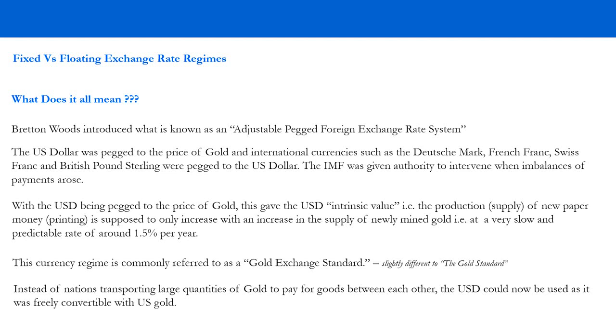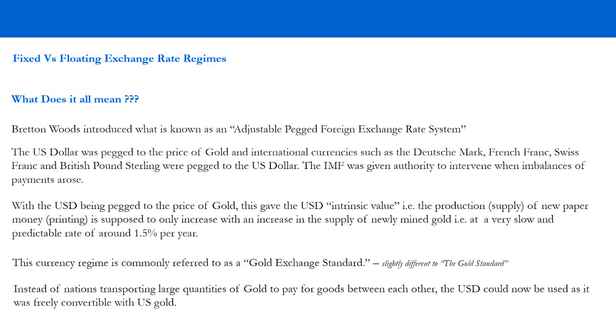It means the paper currency actually has a value, i.e. the production or supply of new money, new paper, is supposed to only increase with an increase in the supply of newly mined gold, so at a very slow pace.